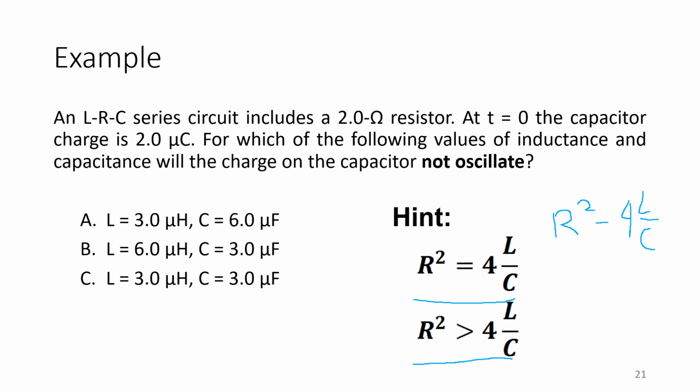If it's greater than 0, it's going to be overdamped. So for choice A, we will receive an overdamped condition, so it should be one of the answers. Choice B has a large enough inductance to offset R, so it actually leads to underdamped oscillations, so no go. Choice C will lead to a critically damped result, so it's also one of the answers.